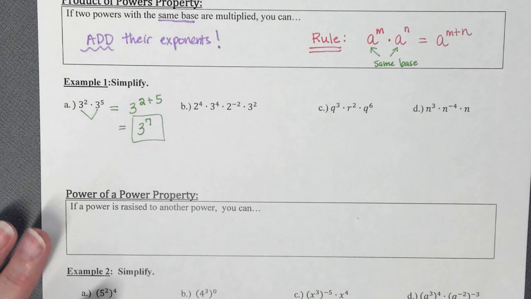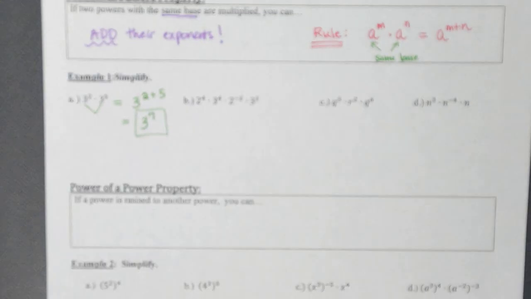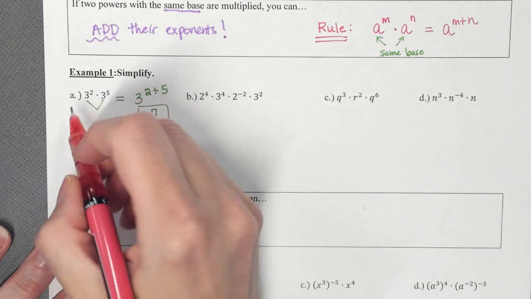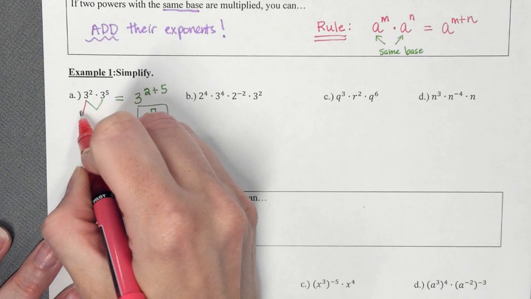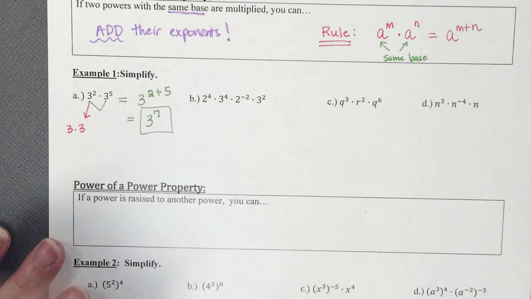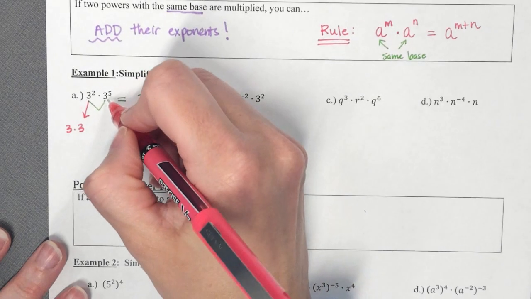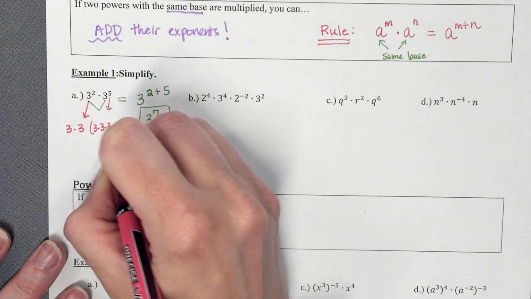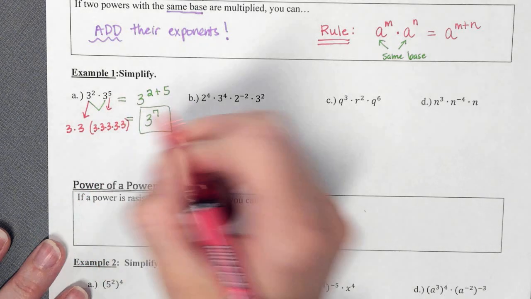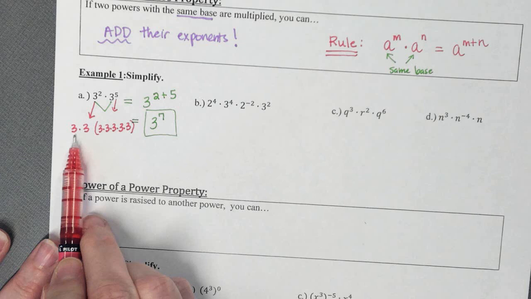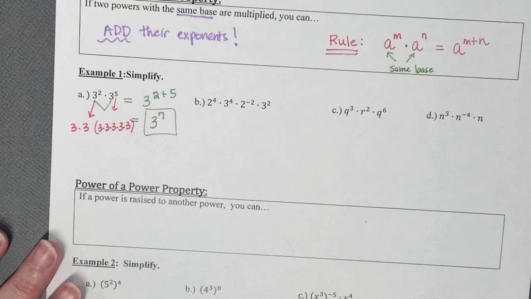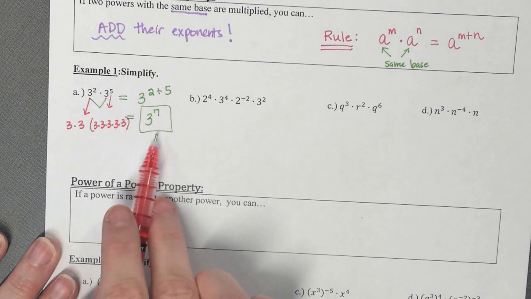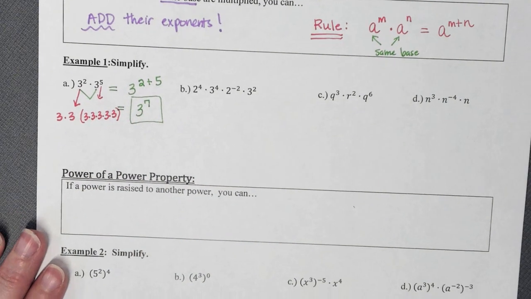And we're just going to write out for this one why that's true. So 3 squared means 3 times 3. If you have 3 to the 5th, that means 3 times 3 times 3 times 3 times 3. So if you multiply these all together, how many do you have all together? 7. Okay, so that's why this rule works.